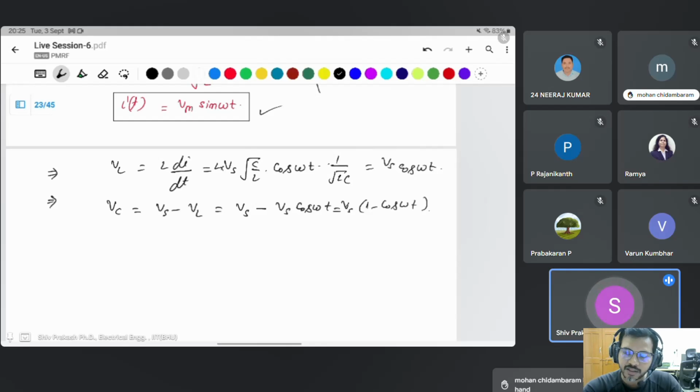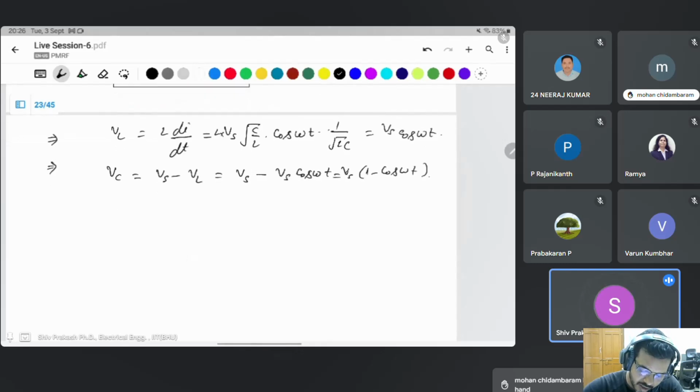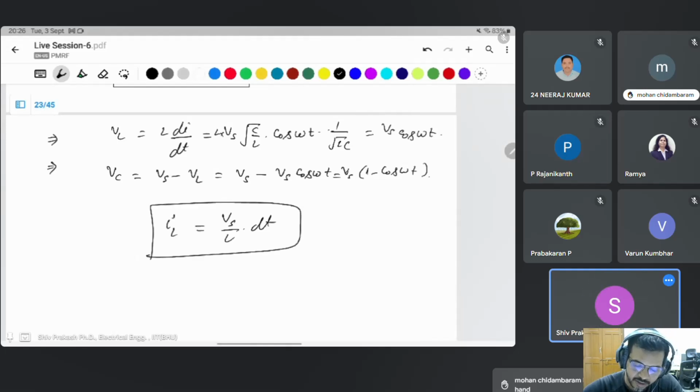This is because of the ideal case. We take Vs as constant, so the inductor current is Vs divided by L into dt, into T, where T is the T on.